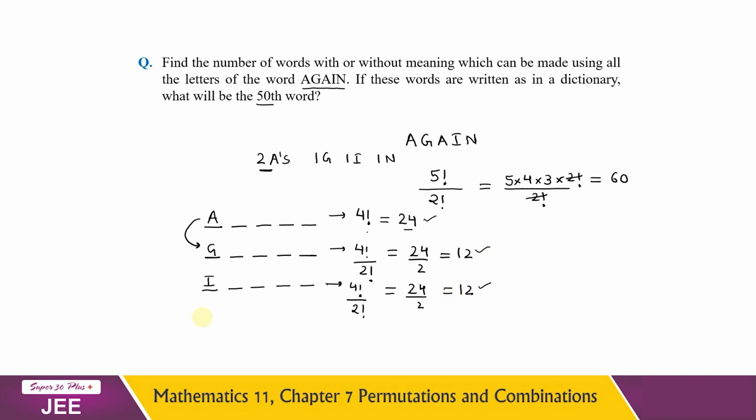Now after I, the first letter that will be present in the dictionary will be N. We are left with N only because we are done with A, G and I. So the 49th word has N as the first letter, and after N this place can be occupied by A, and again A, and then G, and then I. This is the sequence in which a word will be formed in the dictionary. This is the 49th word, because above these we have calculated 48 words.